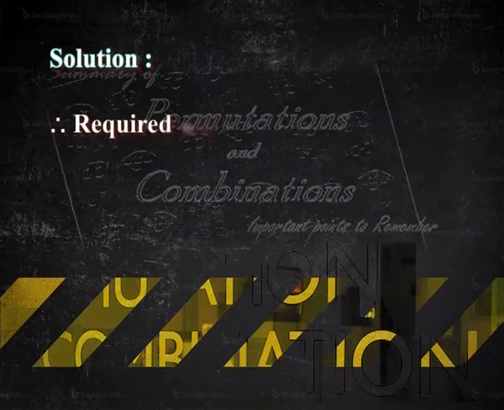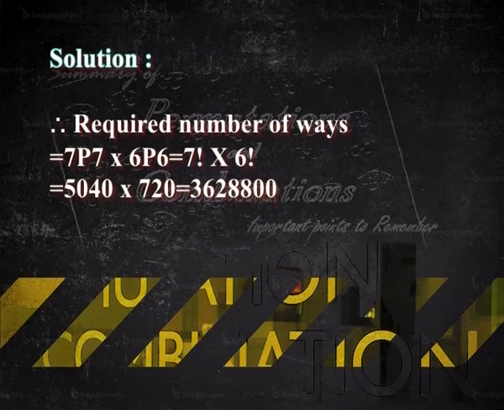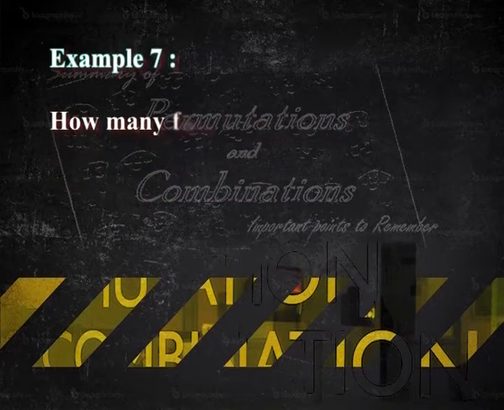Therefore, the required number of ways will be 7 permute 7 into 6 permute 6, which is equal to 7 factorial into 6 factorial. This is equal to 5040 into 720, that gives you a figure of 3628800.